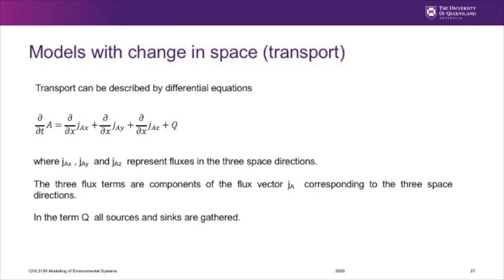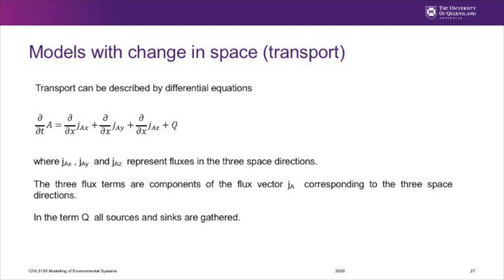So this is our general equation of transport. And transport can be described by differential equations, right? That change in the three dimensions, in the x, y, and z. So also there is a change over time, right? The conservation of a variable A can be energy, or can be mass, or can be momentum, right?